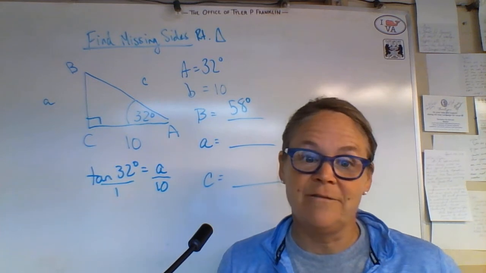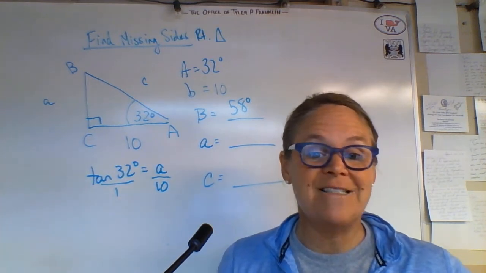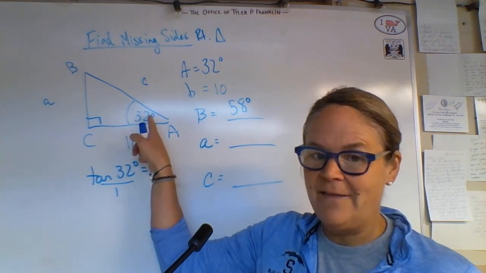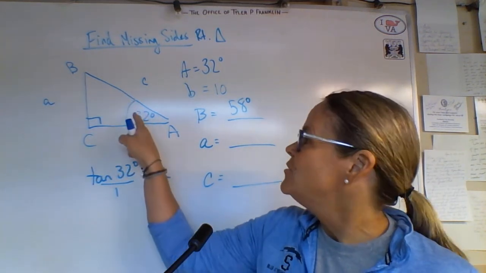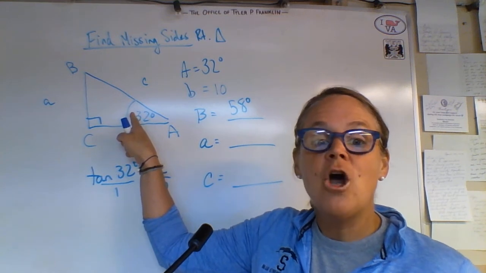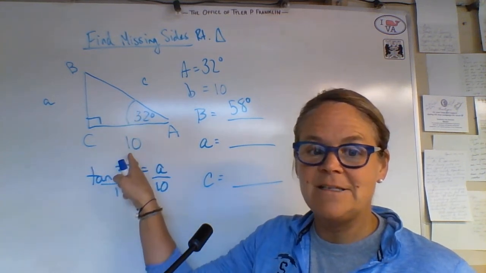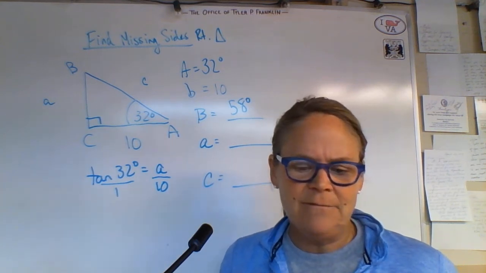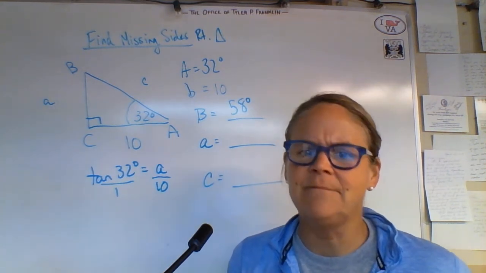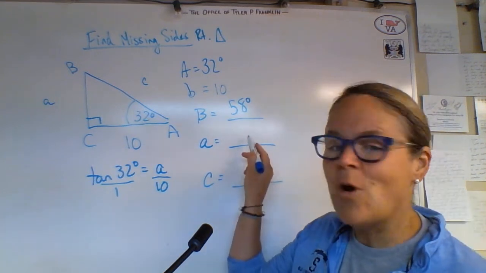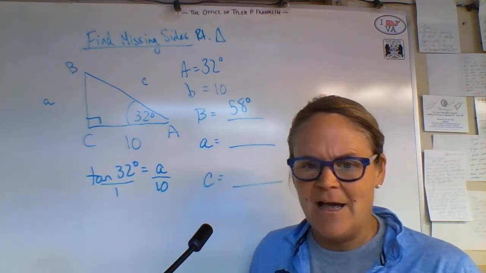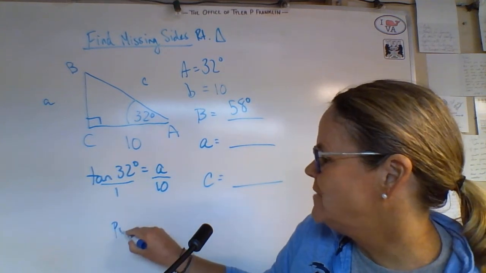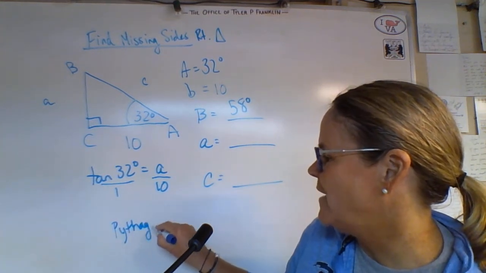Now, if you were different and you were like, I'm going to find C first, you'd have to use this side and that angle or the other angle. So you would say cosine of 32 is 10 over C. Once I find one of the sides, to find the other side I would just use the Pythagorean theorem.